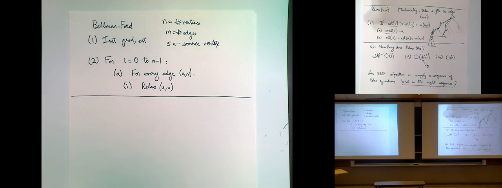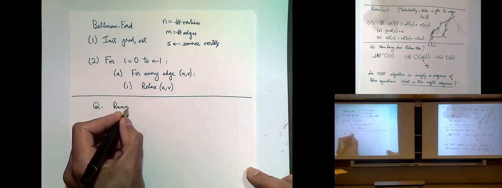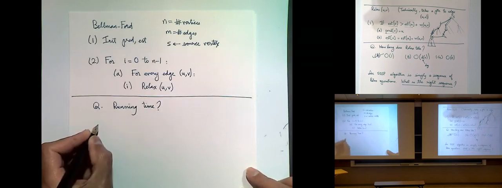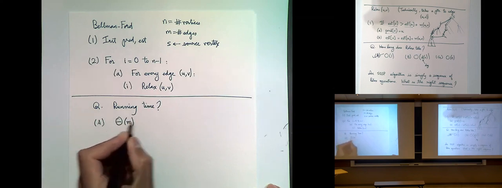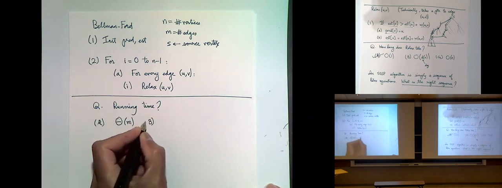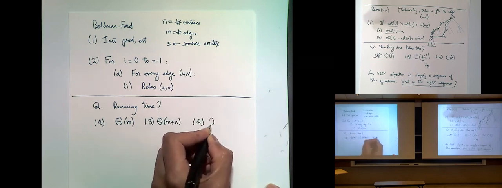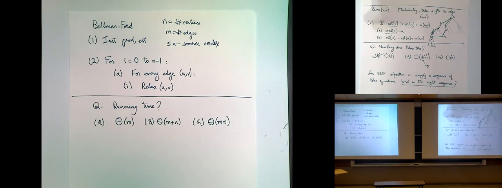Okay. So first question is, what is the running time? Is it going to be theta of m? Is it theta of m plus n? Or theta of m times n?